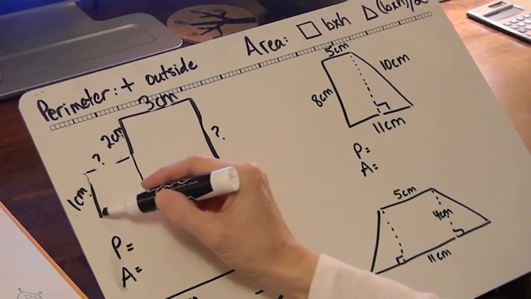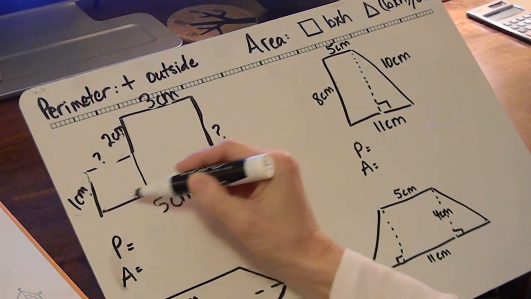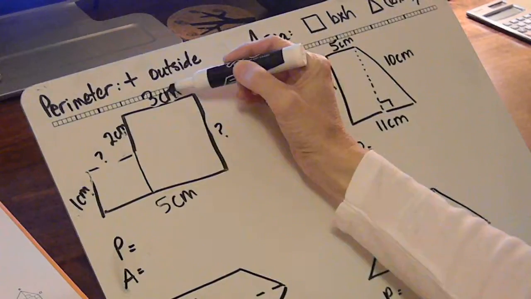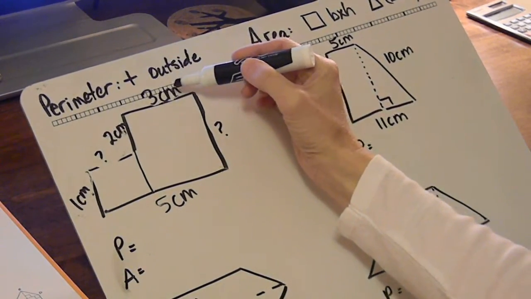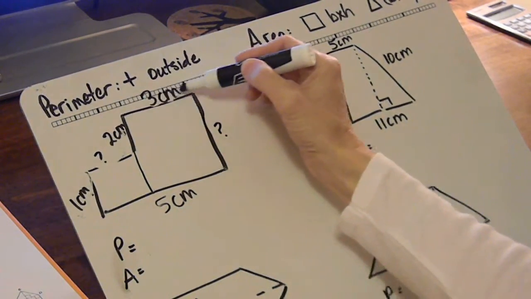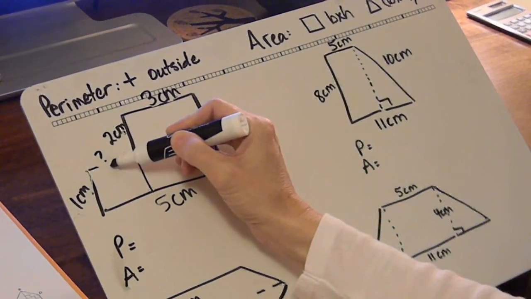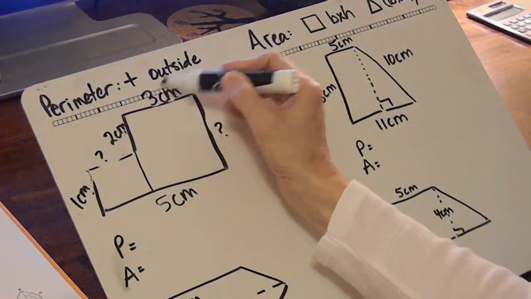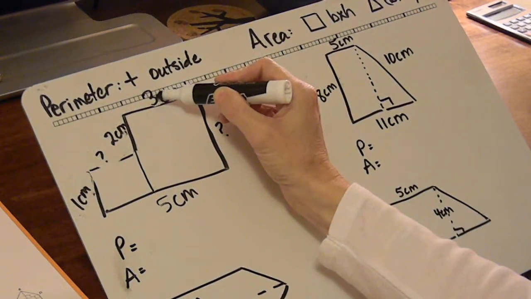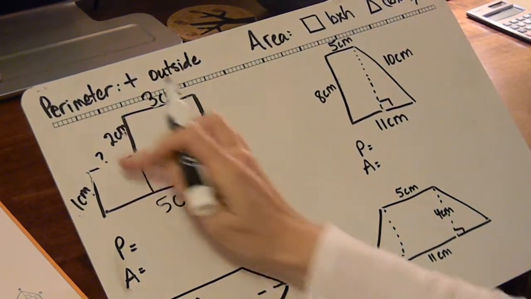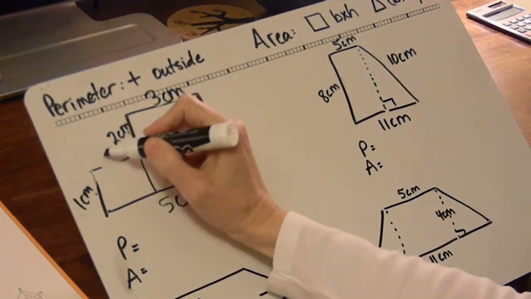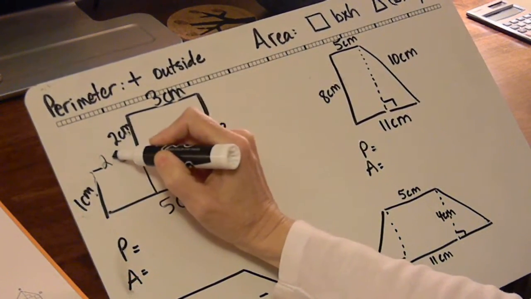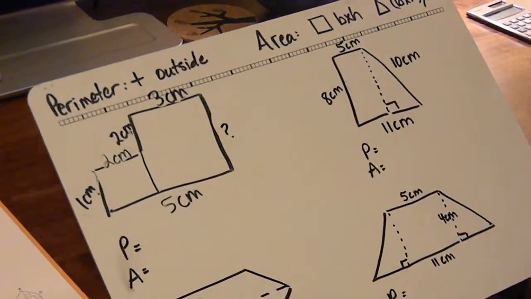So if this side right here is 5 centimeters, now this is the opposite side. The opposite side is made of this line plus this line. If this is 5, then these two should equal 5. Well, if this is 3 centimeters, 3 plus what number equals 5? That's 2. So this mystery length right here is 2 centimeters.